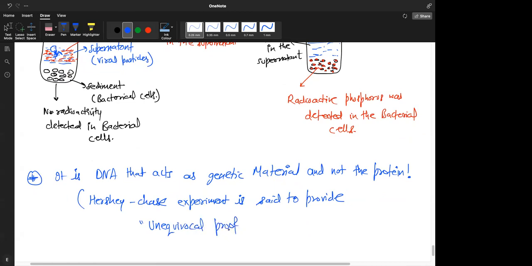Everyone will have to agree to this because this is the most logical way you can prove it without any loopholes or drawbacks. Unequivocal proof of DNA as genetic material. Is it clear, everyone?